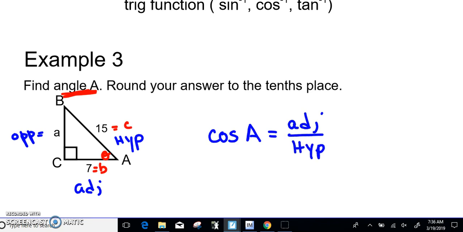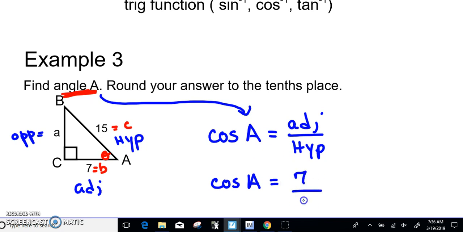And why do we use angle A right there? Because they want us to find angle A, so we use angle A to figure out everything up there. Let's put everything in. Our adjacent side is 7. Our hypotenuse is 15.